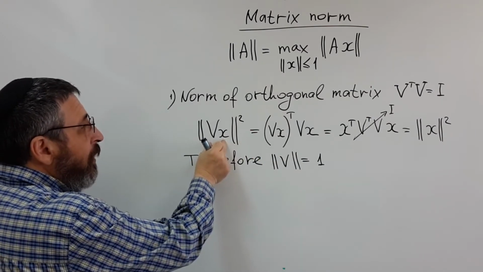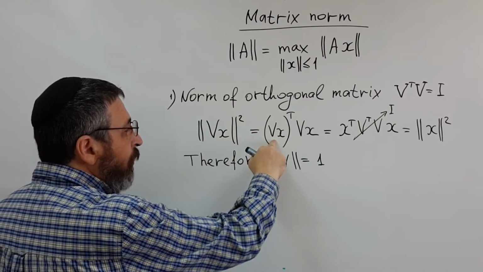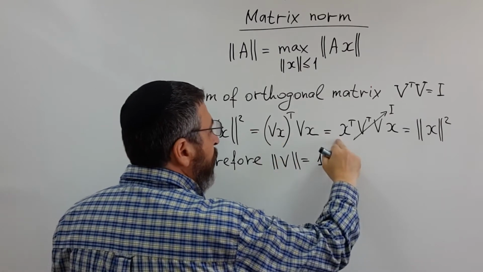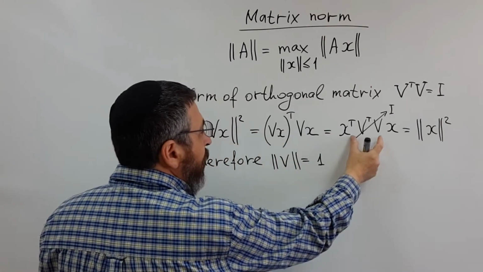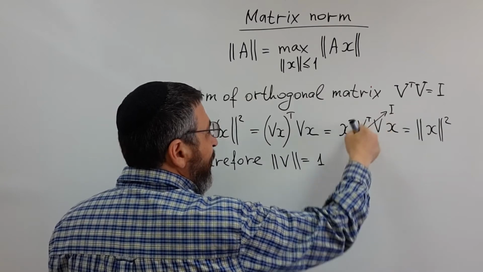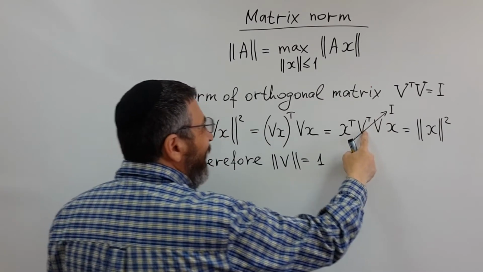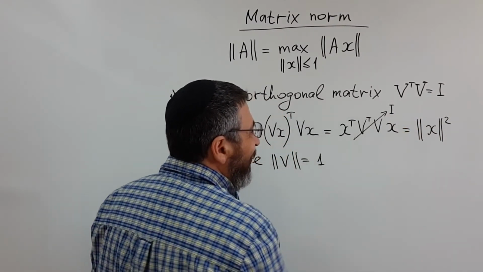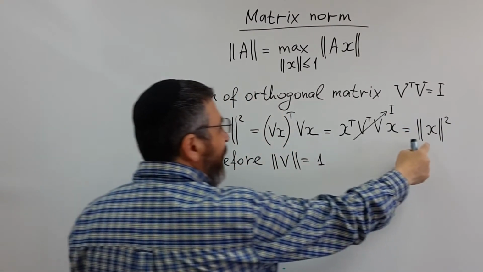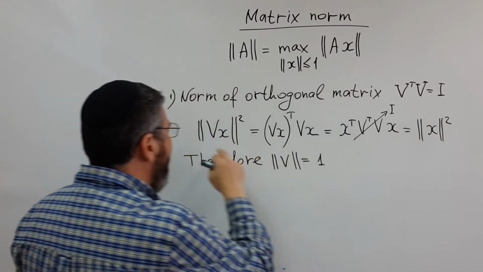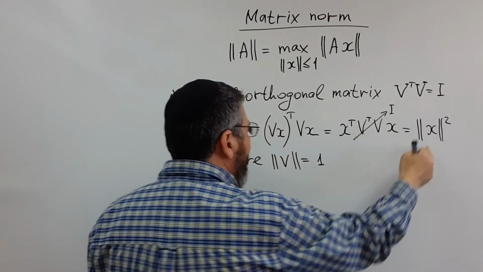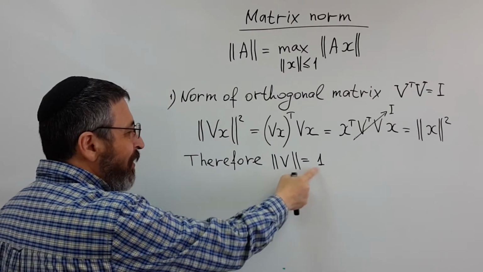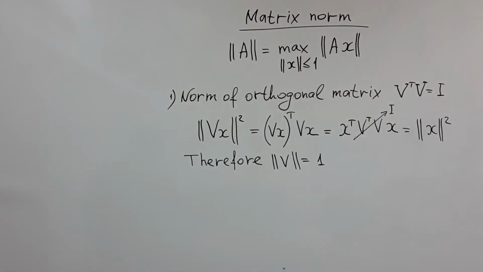Norm of vector squared is inner product of vector with itself, and we can open parentheses, and we'll see in the middle product V transpose V, which we already said is identity matrix. So we showed very easily that norm of Vx is the same as norm of x. It says that norm of orthogonal matrix is equal to 1.